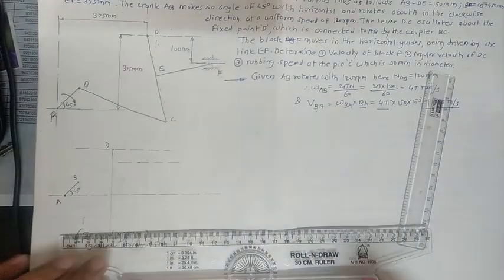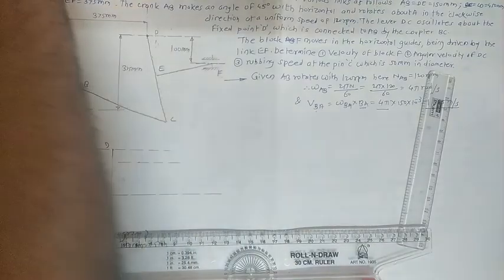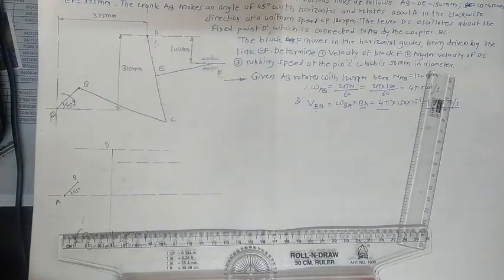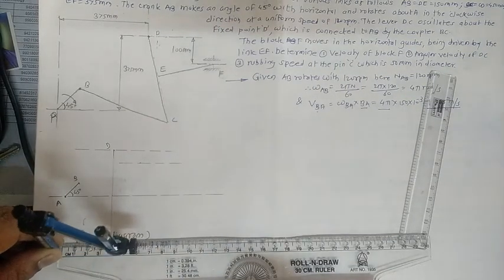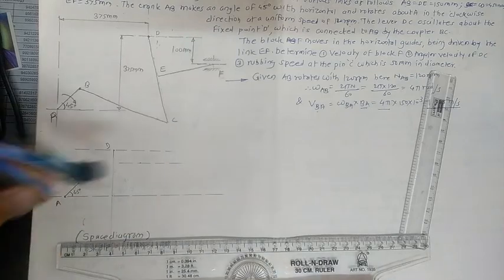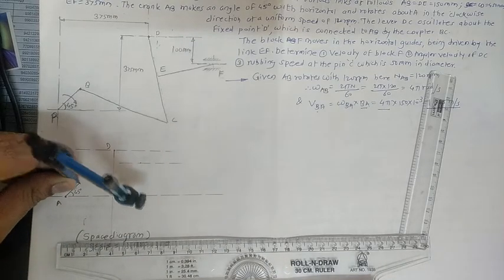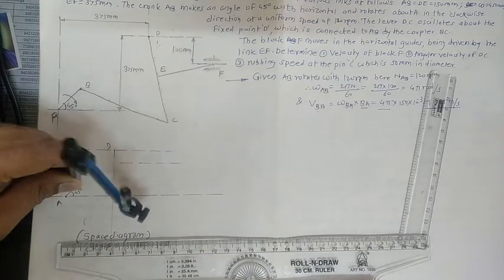Next, take the BC distance in the compass. The length of BC is 450, so from point B mark an arc.